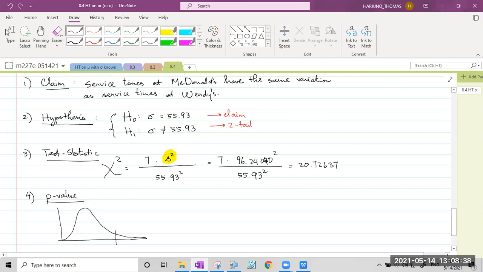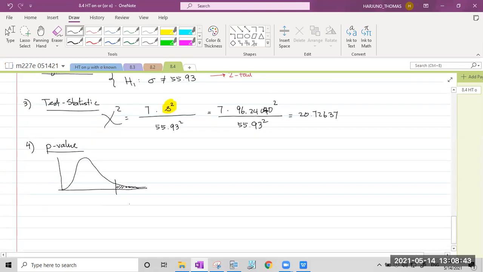So I have 20 something, but I need to double it. Okay, so p-value equals 2 times chi squared CDF, lower bound 20.72637, upper bound E99, degree of freedom 7.